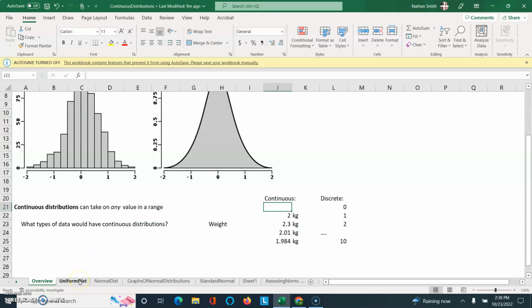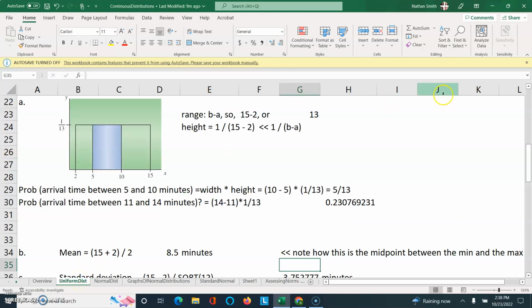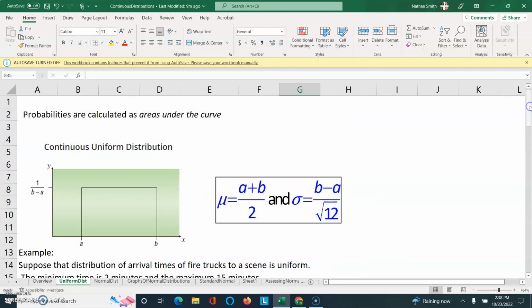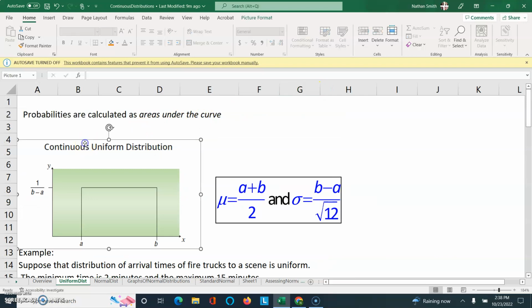Now let's start by looking at the world's simplest continuous distribution. This is called the uniform distribution. Think of that as every data outcome being equally likely. The way that we're going to estimate the probability of a certain outcome is we're going to look at the area underneath the curve.